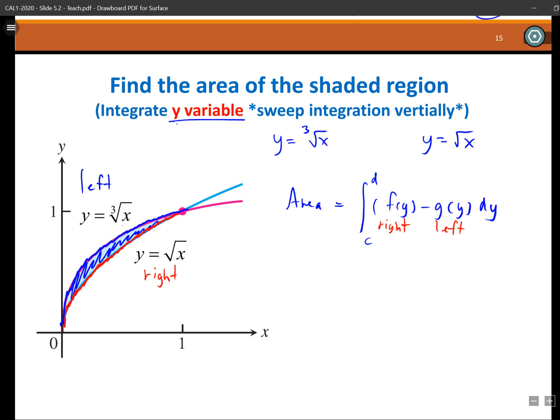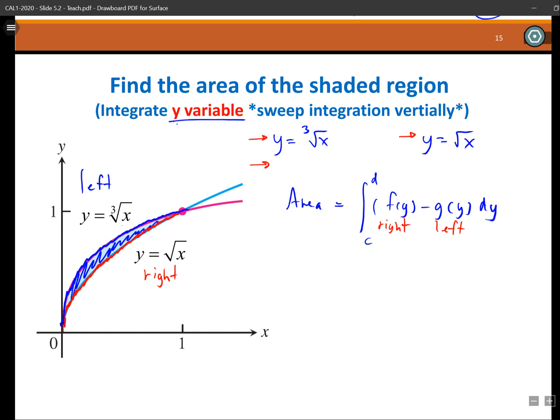But then, in order to use this formula, we cannot just use this function that we had before directly, because this is expressed as a function of x. So we have to do some moving things around. So we are going to make that line to be a function of y.